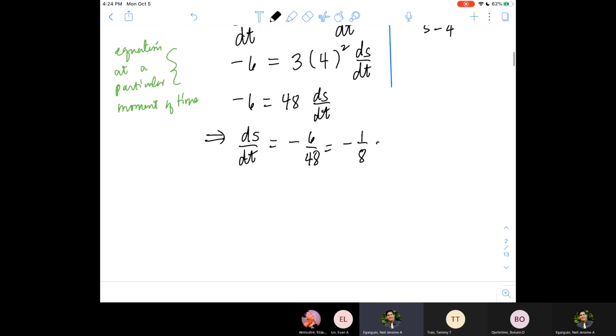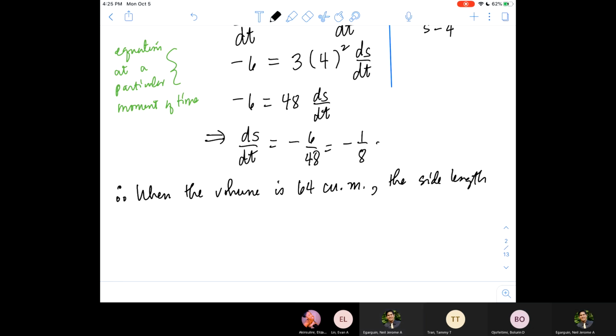So here, I will interpret the answer of -1/8 by saying that, therefore, when the volume is 64 cubic meters, the side length changes at the rate of -1/8.